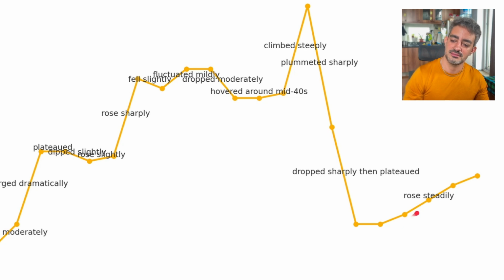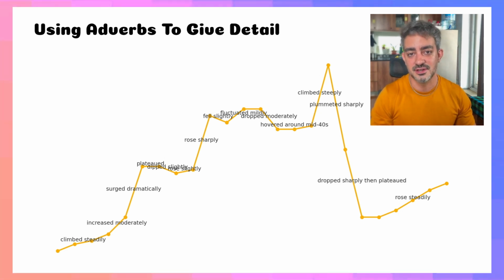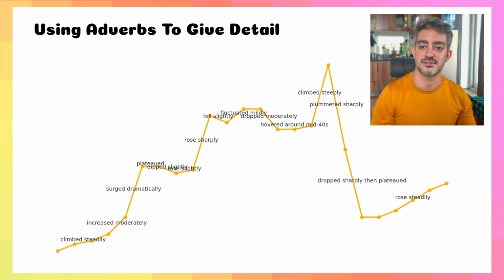And then finally, for the last few points, it rose steadily. This is a much, much more detailed explanation of what is happening in this chart. And this is what you want to do if you want to get a high score on your test.